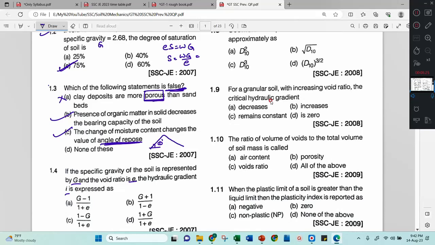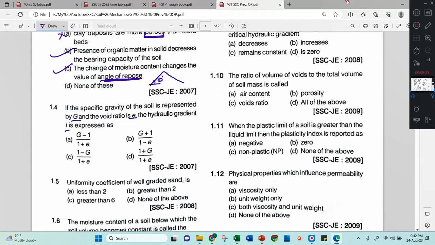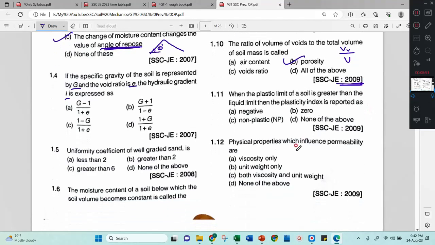For a granular soil with increase in voids ratio, the critical hydraulic gradient, we can skip. The ratio of volume of voids Vv divided by total volume is porosity.